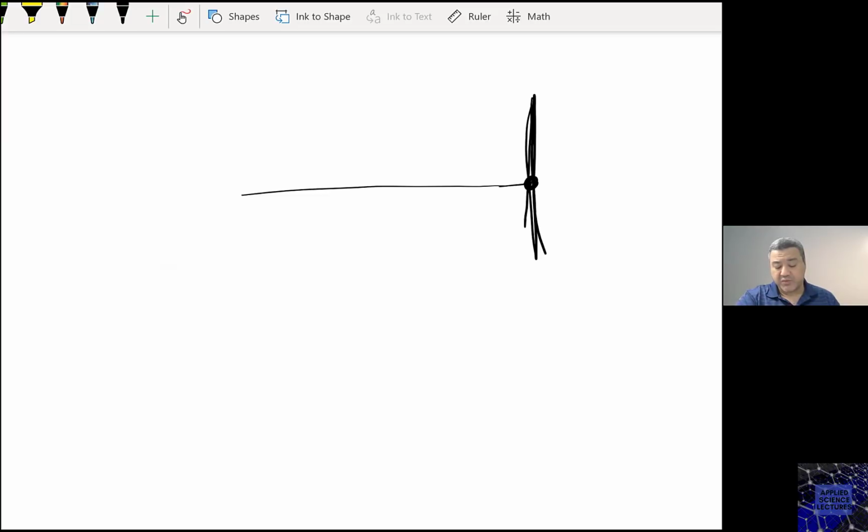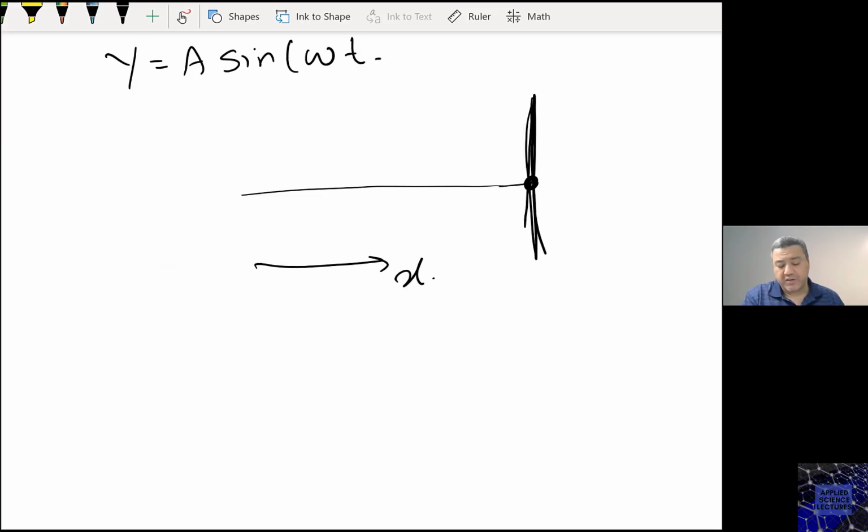So in this case, if this is my positive direction, then here I have y equals A sine omega t minus kx. This is for the incident traveling signal.